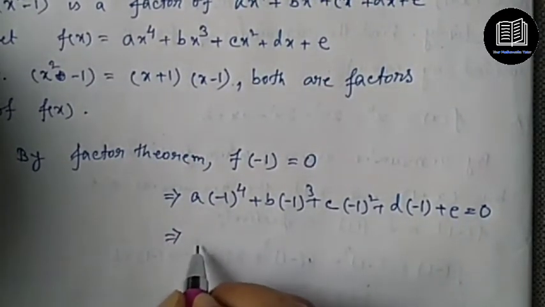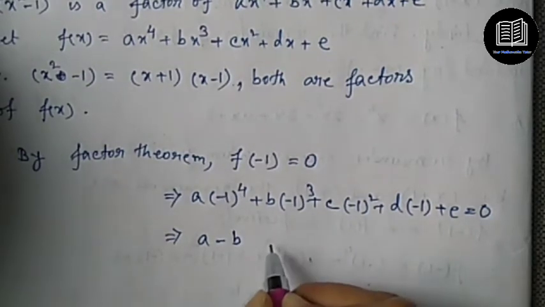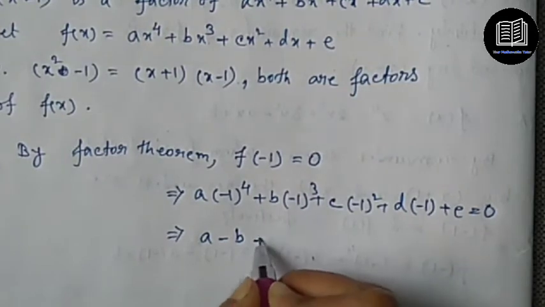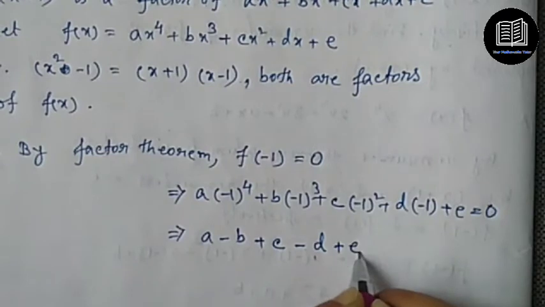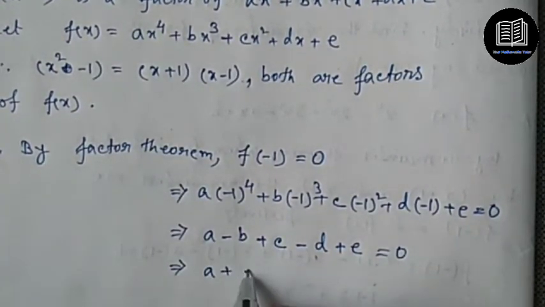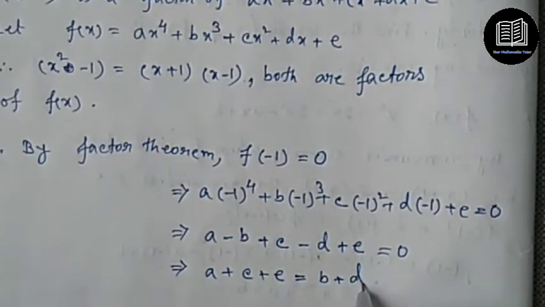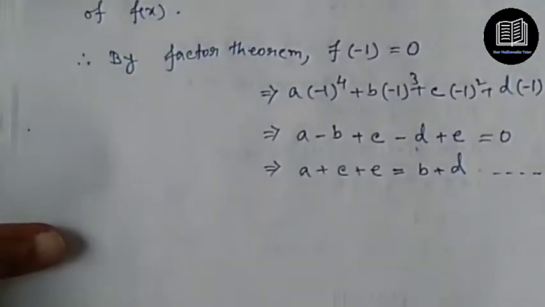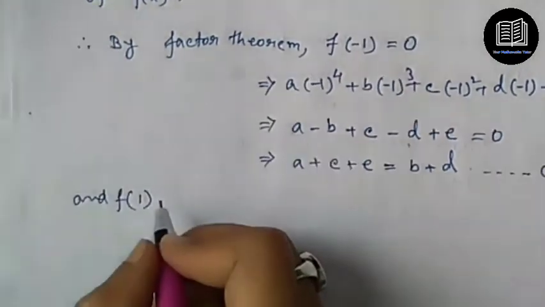That means a minus b plus c minus d plus e equals 0. So a plus c plus e equals b plus d. We give this equation number 1. And f of 1 also 0.